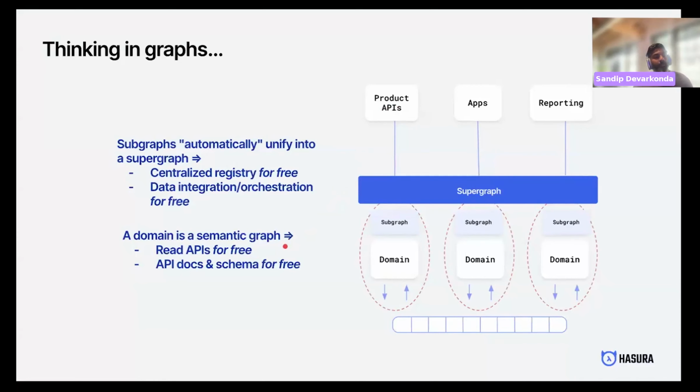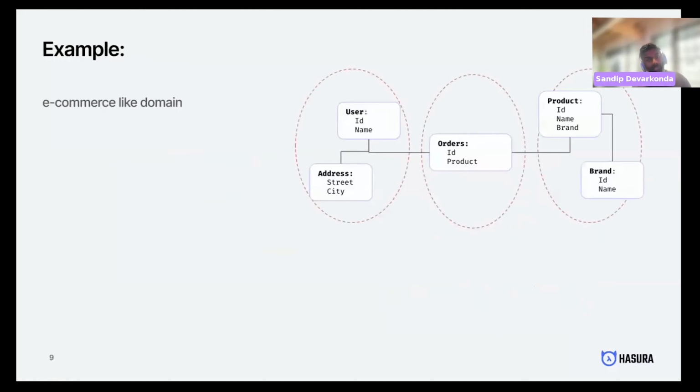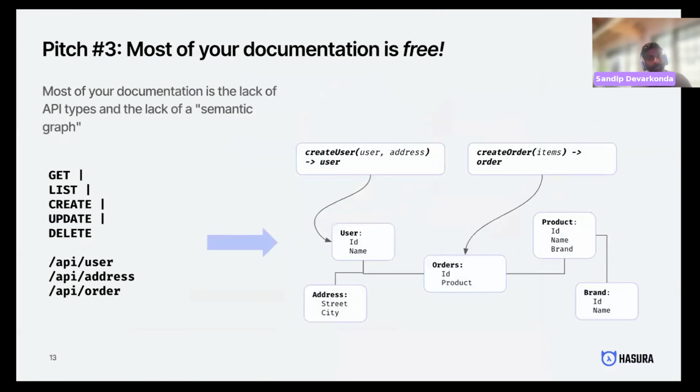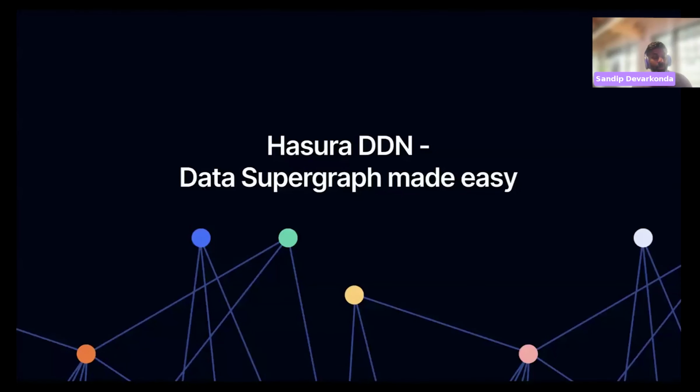Architecture, deployment, and guardrails to be able to operate a supergraph is what makes Hasura DDN, the data delivery network. The principle is to go from data to supergraph as quickly as possible with as much automation as possible.